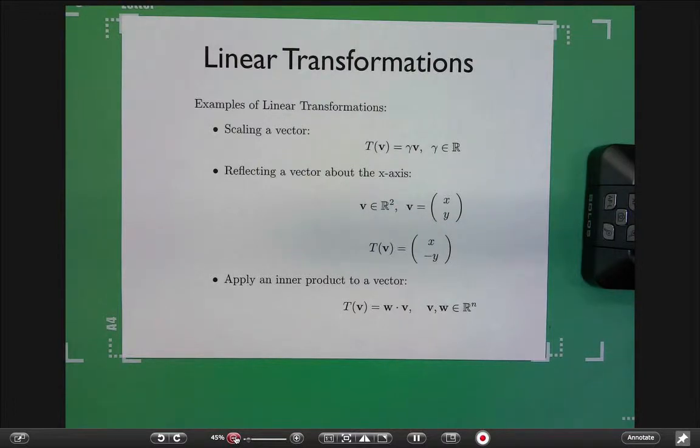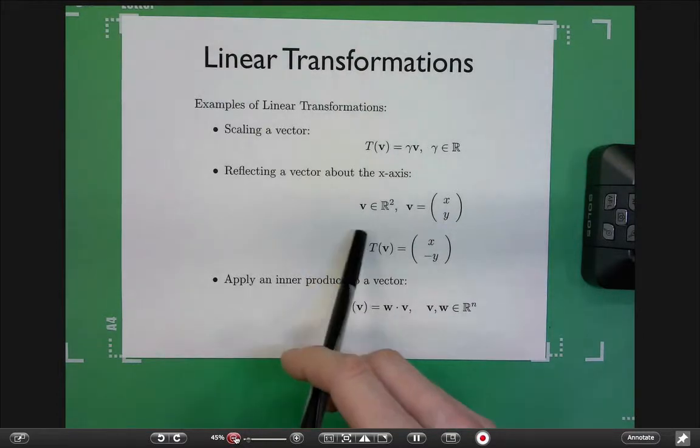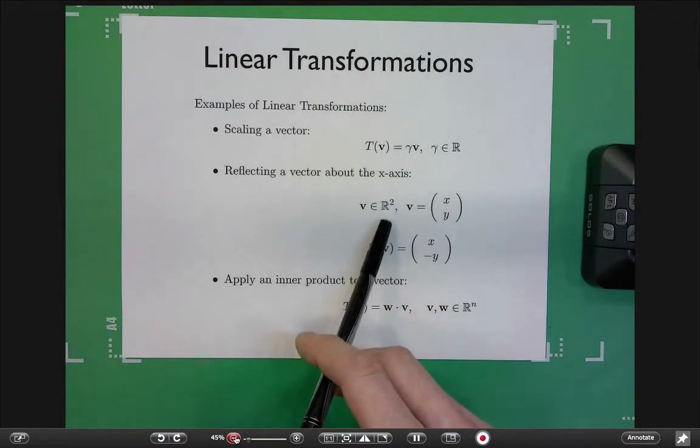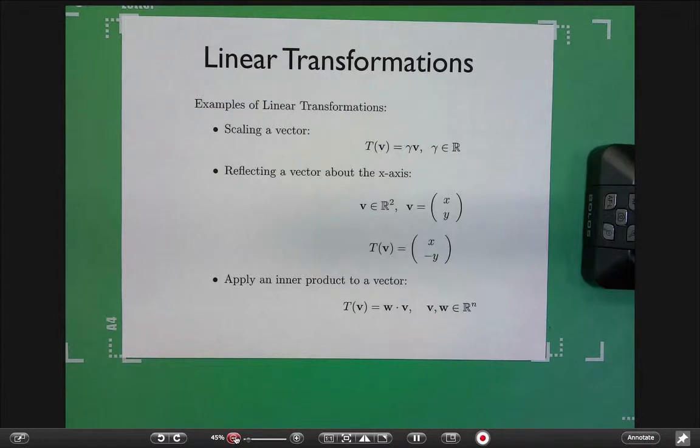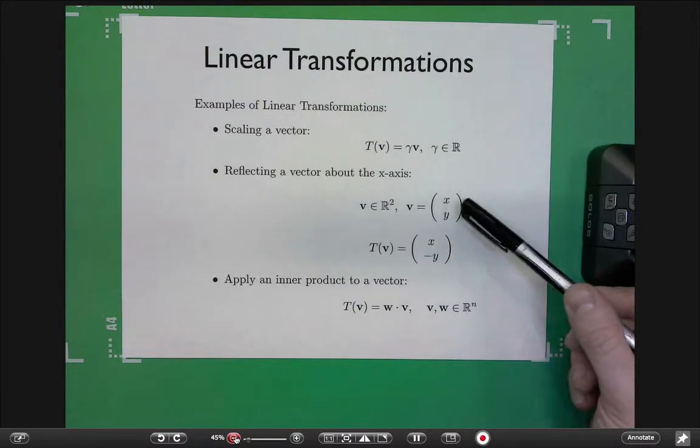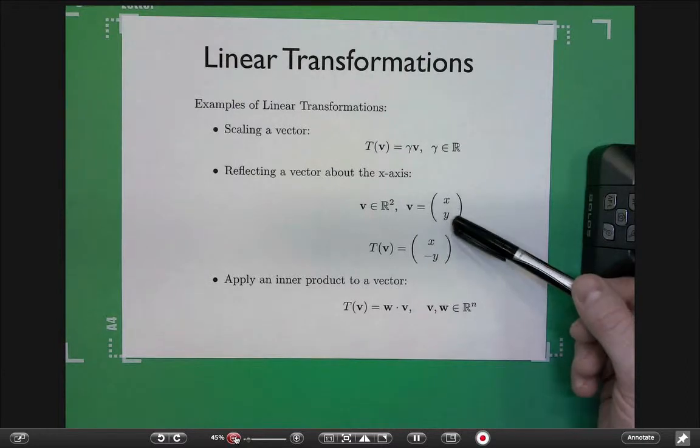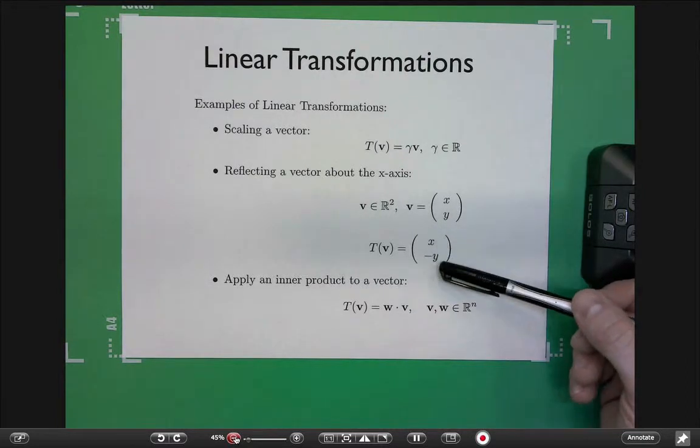And you could verify this property, but again, it's really simple. It's immediately obvious. Another example, a little more interesting now. If we are in R2 and we reflect the vector about the x-axis, that means if I have on the input vector (x, y), then on the output I have the vector (x, minus y).